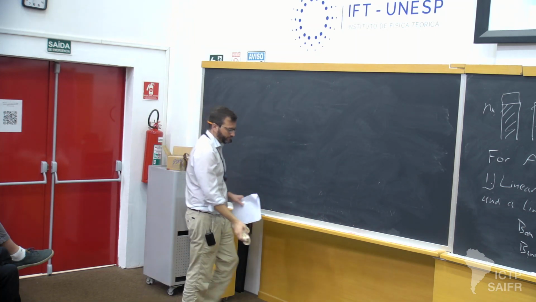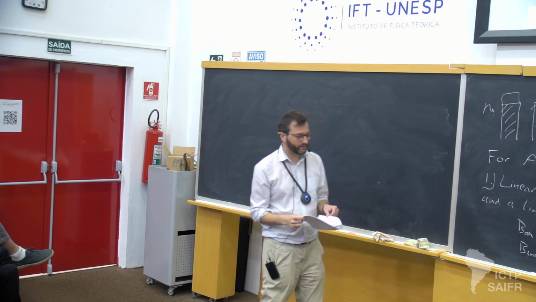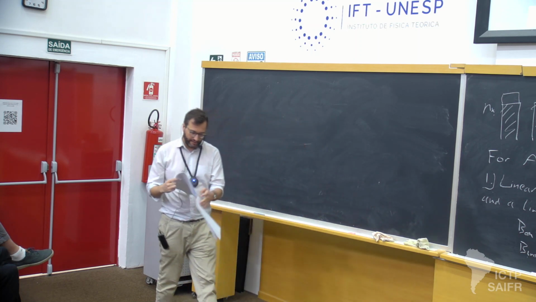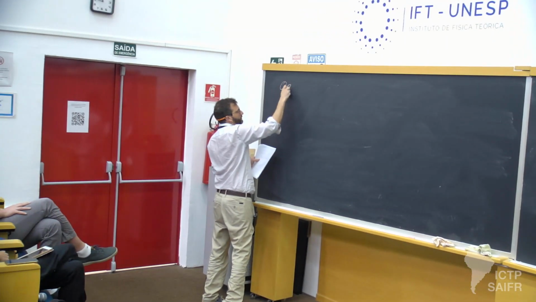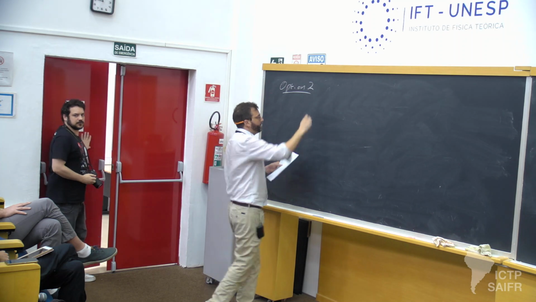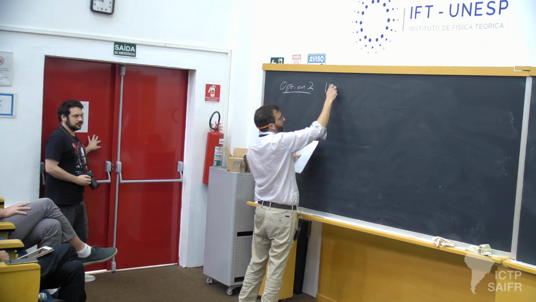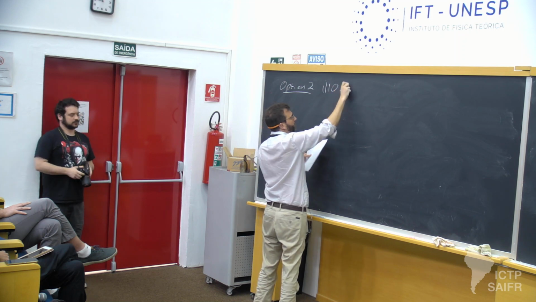Okay. Very good, so this is just the classification. Now let's give an example of, let's say, option 2, okay? This example comes from a paper by Yanagida and collaborators.